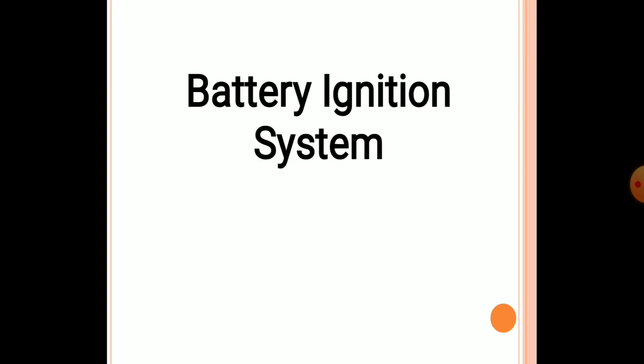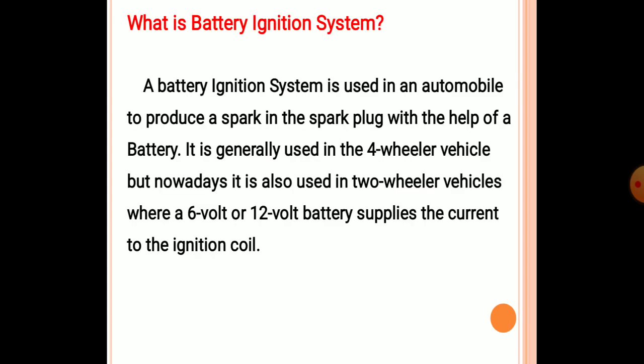we can adopt various systems. Particularly for this subject, we mostly use the battery in the ignition system of an IC engine. Mostly it is used in four-wheelers, but nowadays it is used in two-wheelers also. The battery ignition system is used in automobiles to produce sparks in the spark plug with the help of a battery.